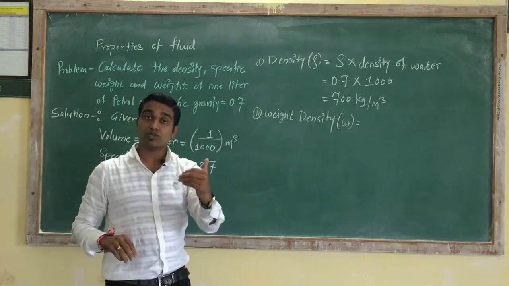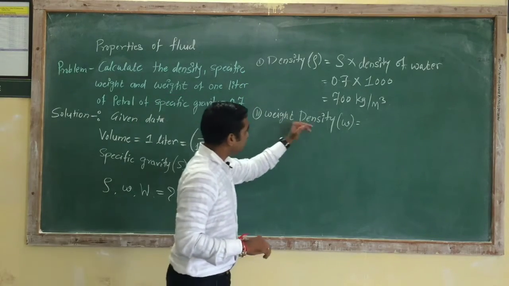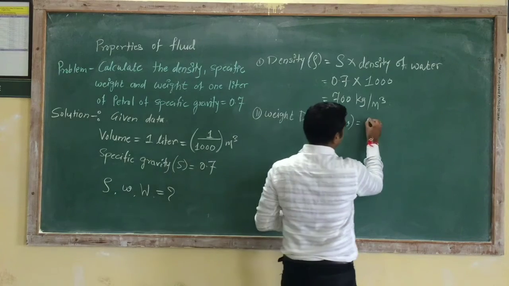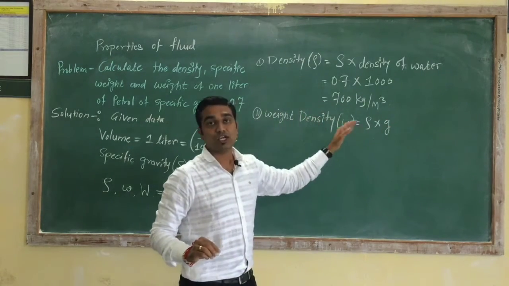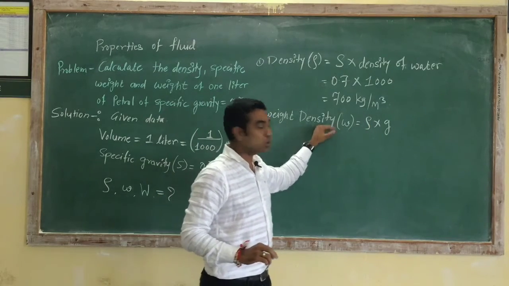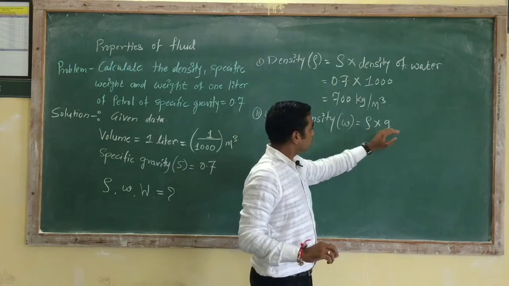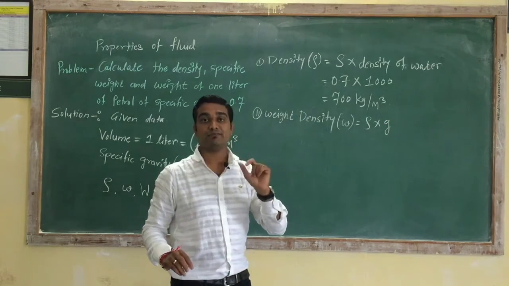You already know this weight density is equal to mass density into g, acceleration due to gravity. This weight density w is equal to mass density into acceleration due to gravity, that is its value is 9.81.